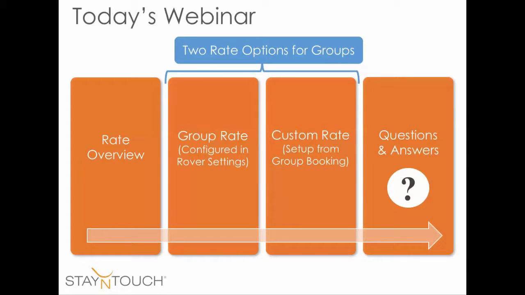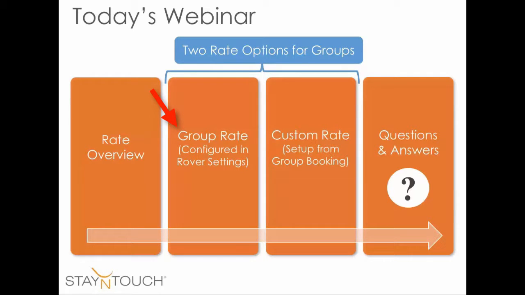The key differences between assigning your standard group rate, the one that you create in Rover settings, and a custom rate, is that with the standard group rate, you have the ability to build a rate and continuously manage it from the Rates tab in Rover settings. You're also able to track the rate's performance in reports.